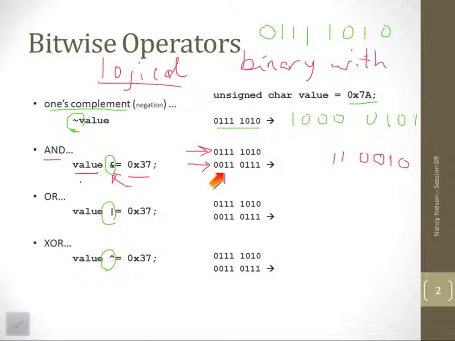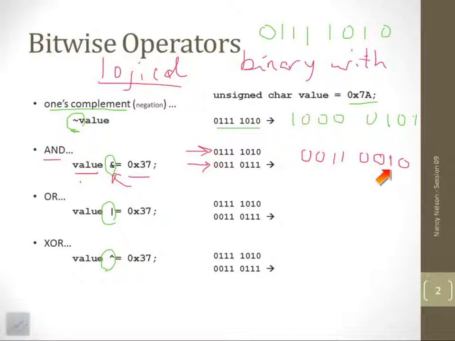Next set, we have a 0 and a 1, and a 0 and a 0, so both of those are going to be 0. So what we have done here is check to see which of the bits in our original value, of the ones we specified, are set. So we've used this for testing purposes here.